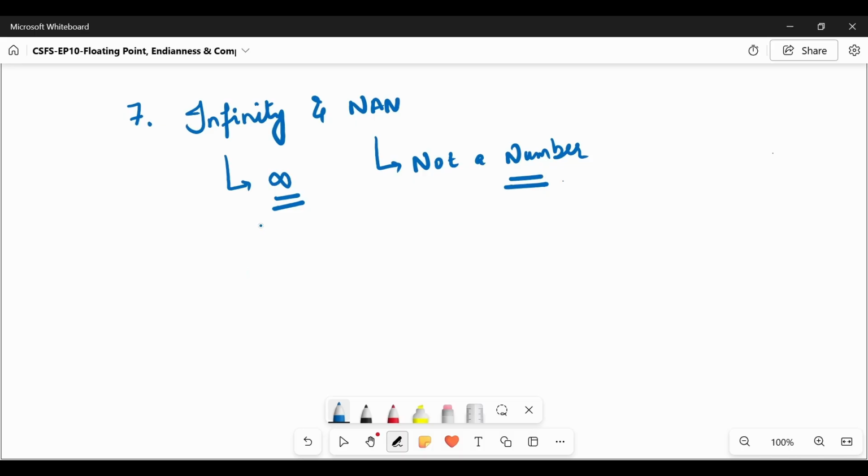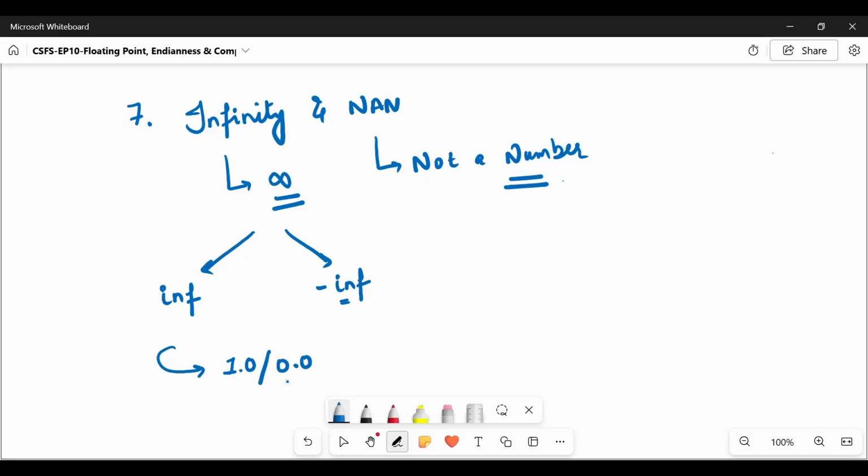Infinity can be of two types. Infinity is simply written as inf, in the case of a positive number, or in the case of a negative, it is -inf. Mostly we get this inf output when we are doing operations like divide by 0.